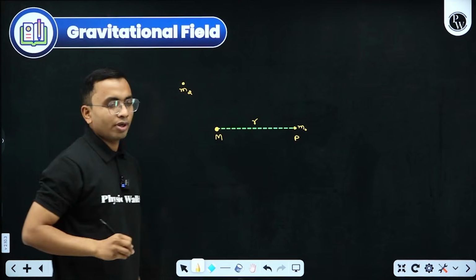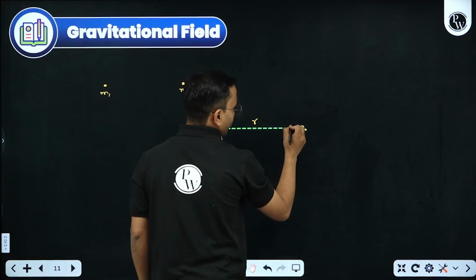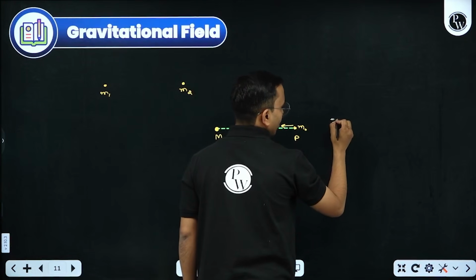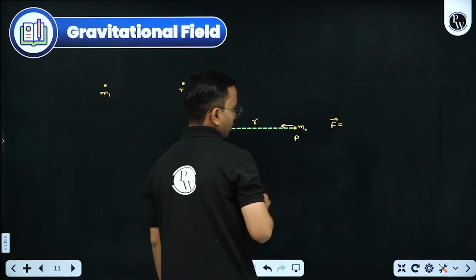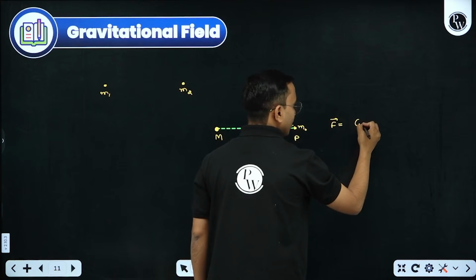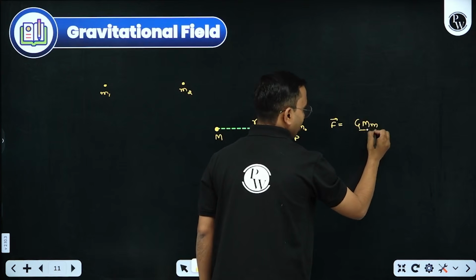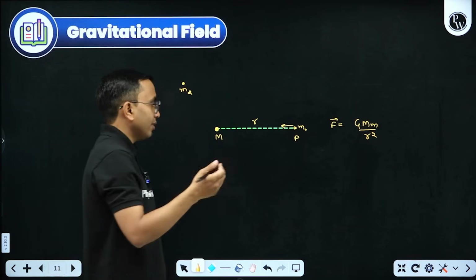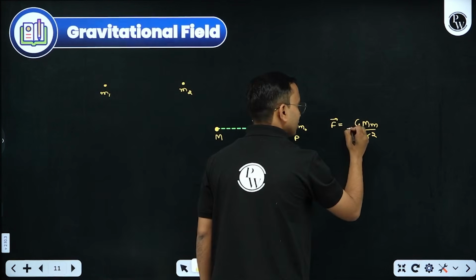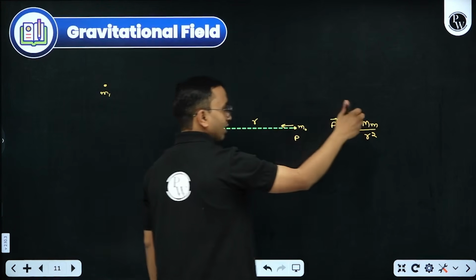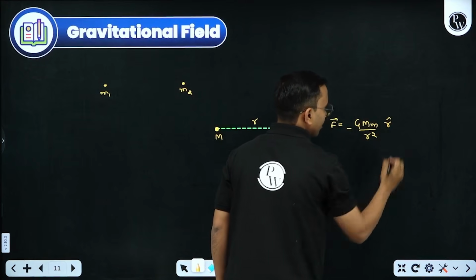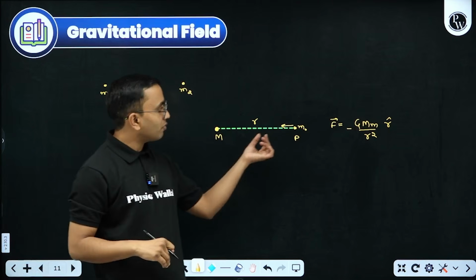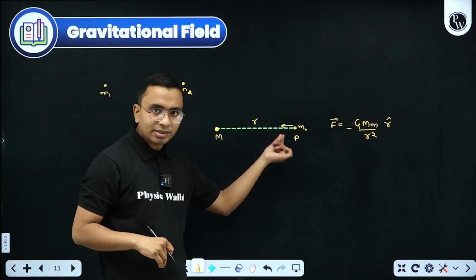Test mass I'll put. On that test mass, force will be in this direction, and I'll say this force as GMm naught by r square, and the direction is minus of r. This is my r vector. I'll say this is minus r cap, like this. I'm writing that force in vector form. Now this is the force that is being applied on this test mass.